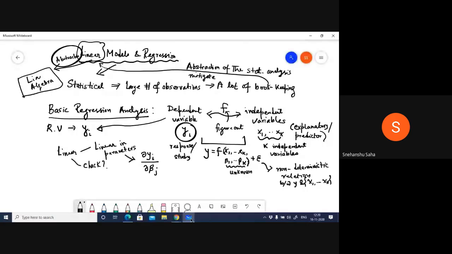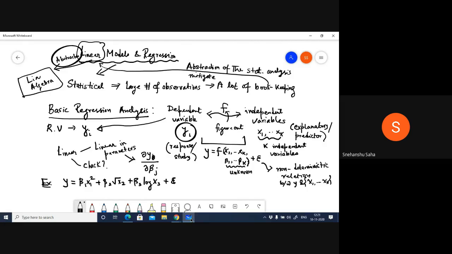Let me give you an example. Let's say y equals beta 1 squared plus beta 2 times square root of x2 plus beta 3 times log of x3 plus epsilon.